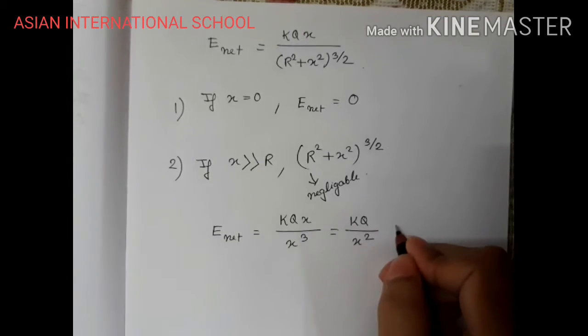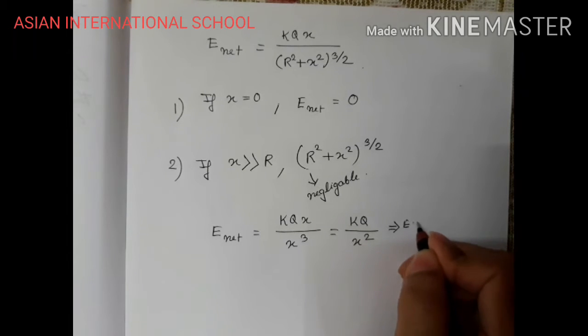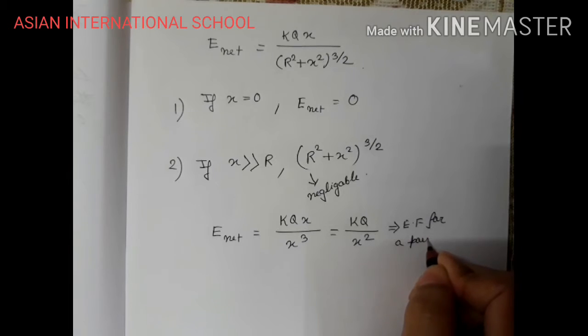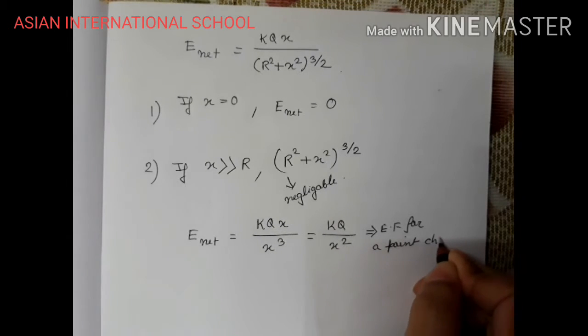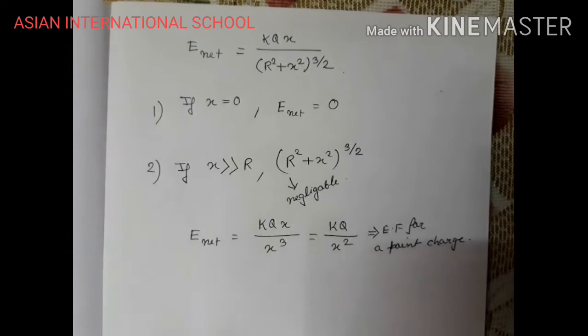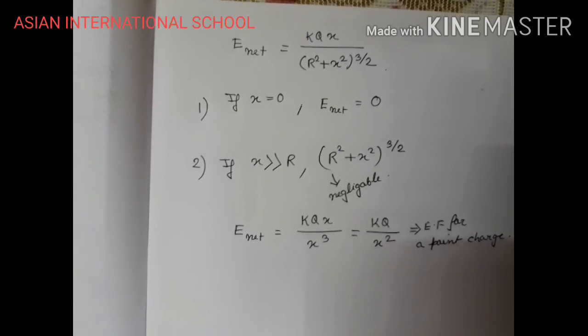This is the electric field for a point charge. So when I am observing the ring from a very far distance, it appears as a point charge to me.